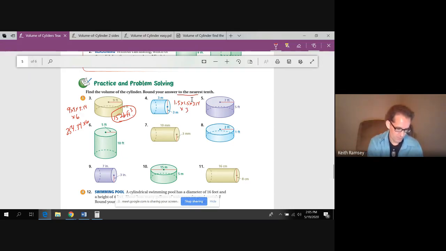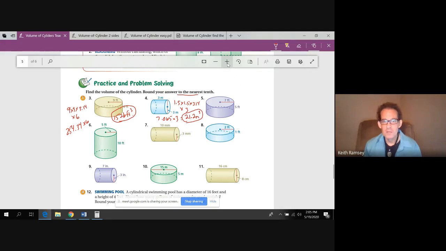So if I have 1.5 times 1.5, I get 2.25 times pi. I get 7.065 times 3. That's the height. And that equals 21.195, which I would round up to 21.2. This is going to equal 21.2 meters cubed.